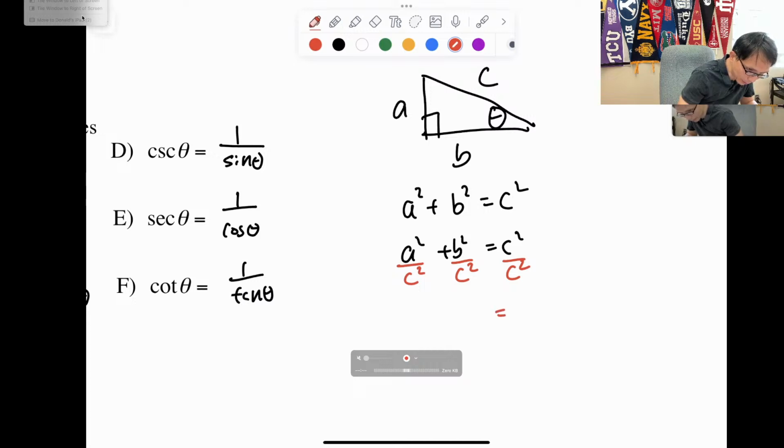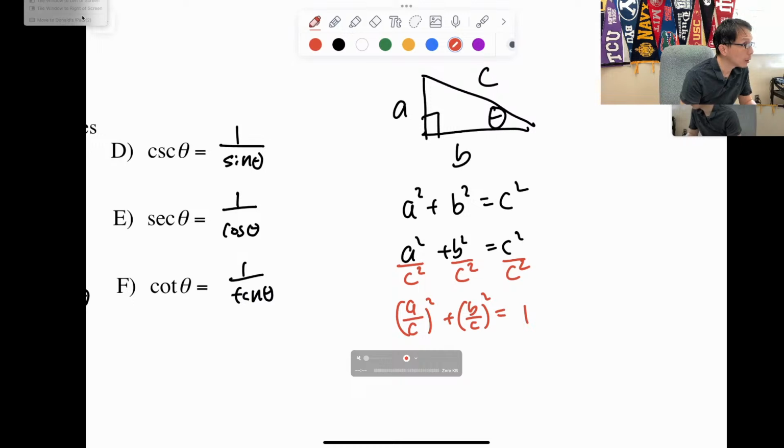coincidentally on the right hand side we're going to get 1. This is going to be A over C squared plus B over C squared. Am I going too fast? Now A is also known as what, in SOHCAHTOA? Opposite, good. Why is it opposite? Because it's opposite from an angle.